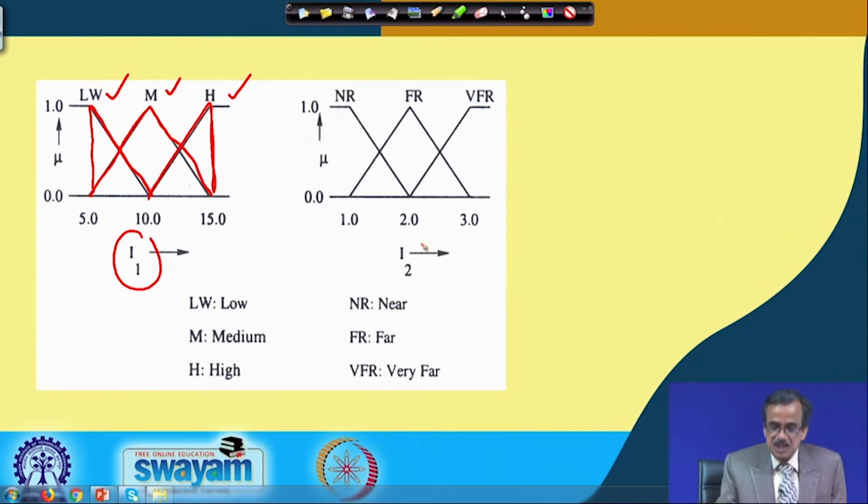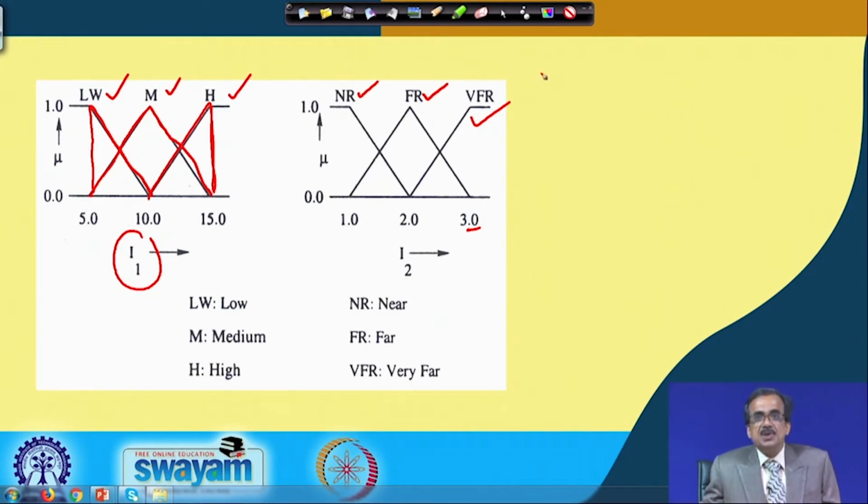Now, similarly for this I2, the second input variable, the whole range starting from 1.0 to 3.0 is divided into 3 linguistic terms. That means, 3 linguistic terms are used to represent I2. One is this Nr, the near, Fr stands for far, and VFr is your very far.